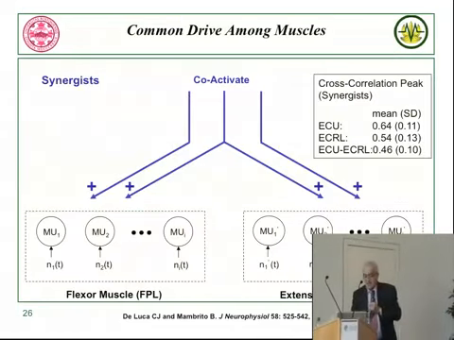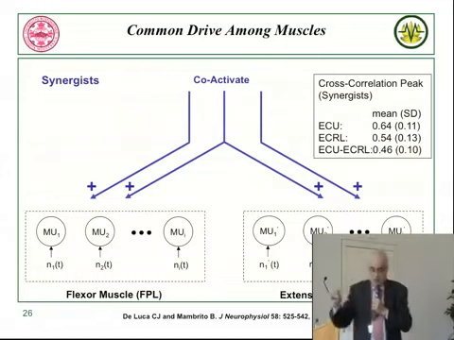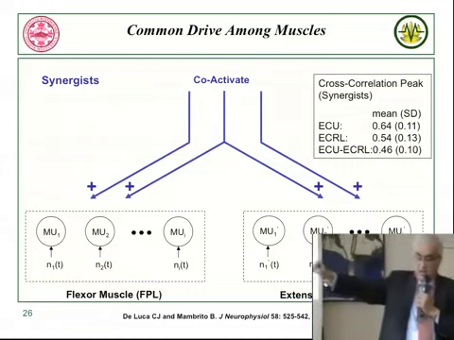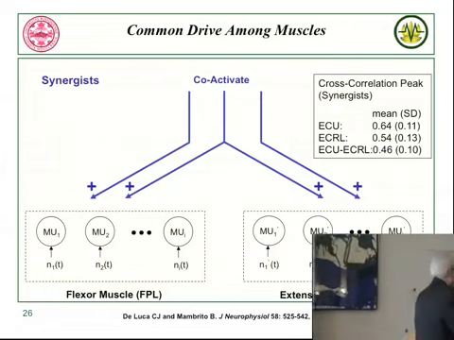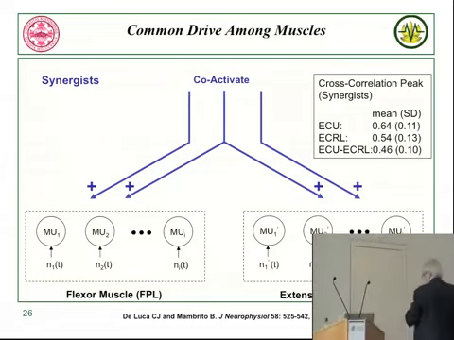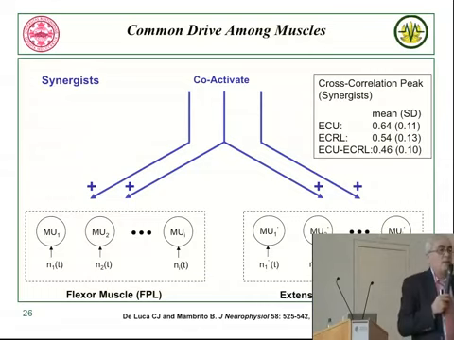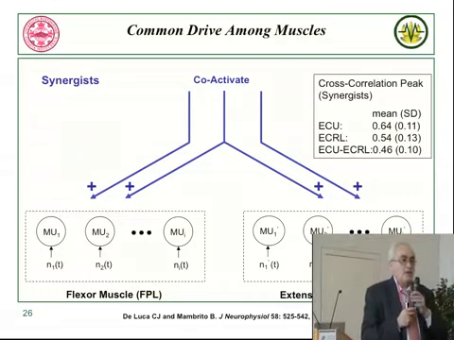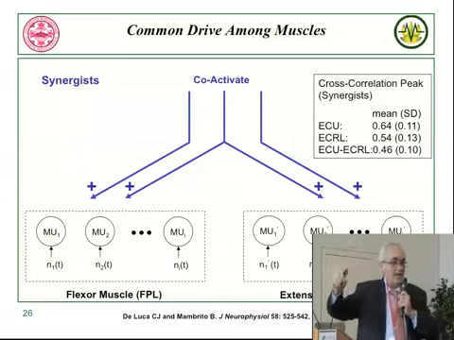And I want to summarize that with this slide. If you're looking at two muscles which control the joint under the conditions of flexion, extension, and then co-activation, that is stiffening of the joint, then when you work through all the details, you can summarize that you need three different control commands to achieve the control of muscles when they are acting individually, as a synergist, or in an antagonist state.